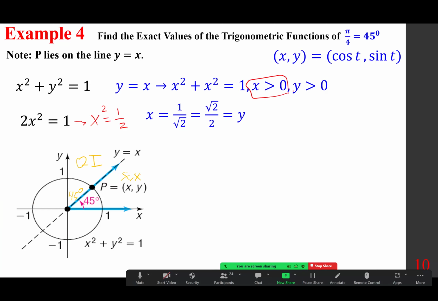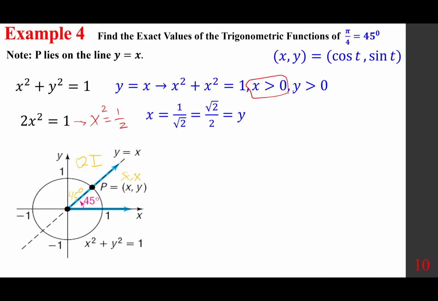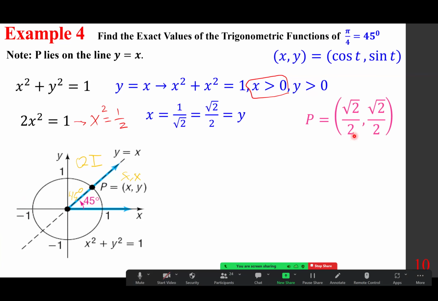We know x is equal to y. So we have the same answer for both: x equals y equals square root of 2 over 2. And the pair, therefore, must have coordinates square root of 2 over 2, comma, square root of 2 over 2. Which means sine and cosine of pi over 4, both of them are the same, square root of 2 over 2.